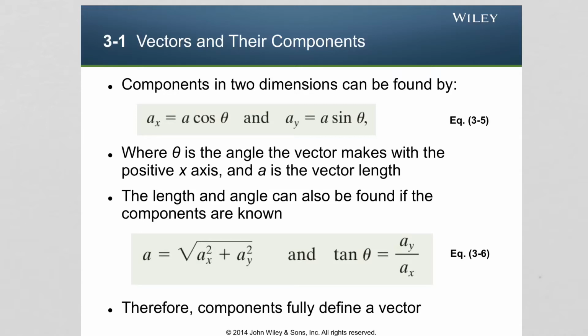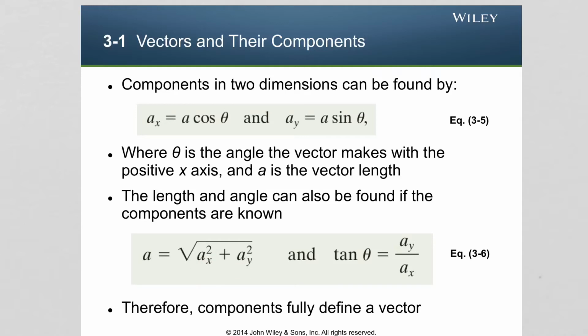The length and angle also can be found if the components are known. So imagine that instead of knowing the vector itself, you only know the components, ax and ay. You don't know the angle. So the magnitude of the resultant vector a is equal to the square root of ax squared plus ay squared, the square root of the sum of squares of the two components.